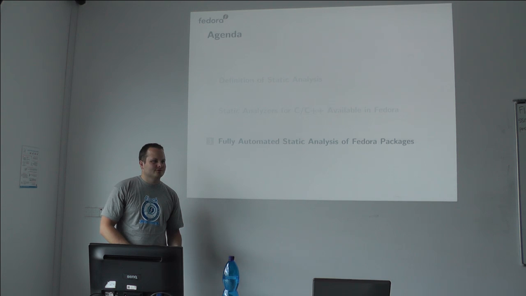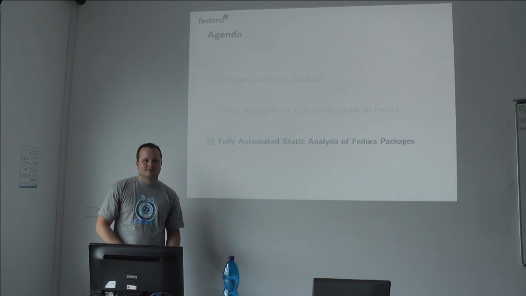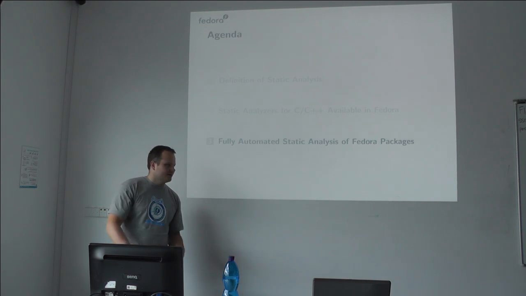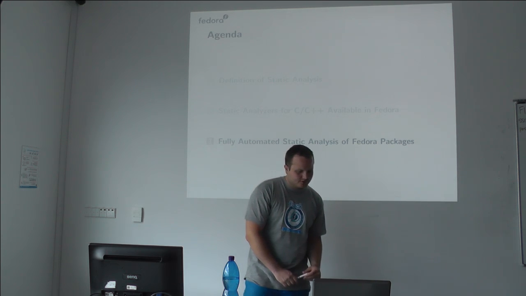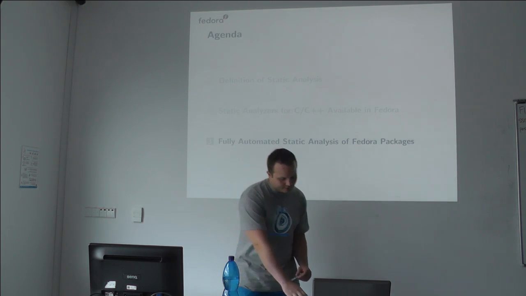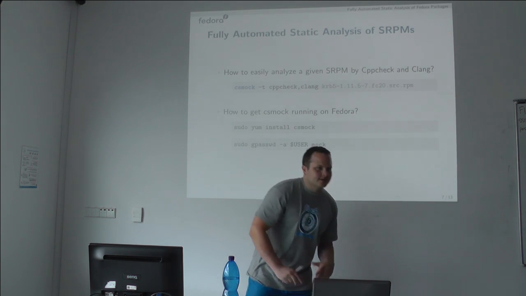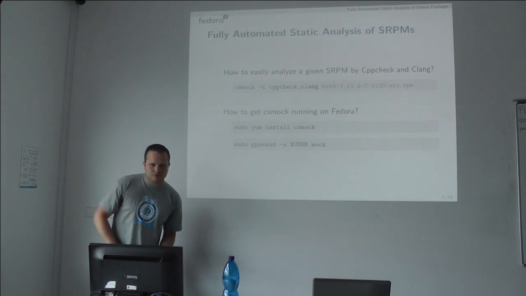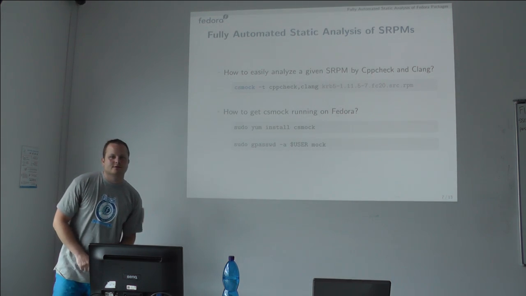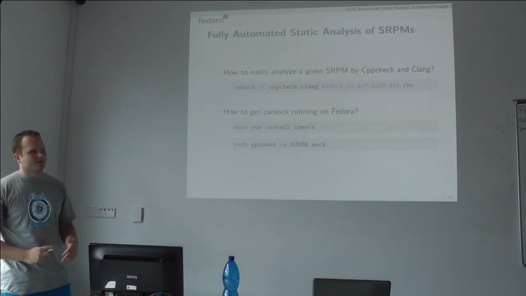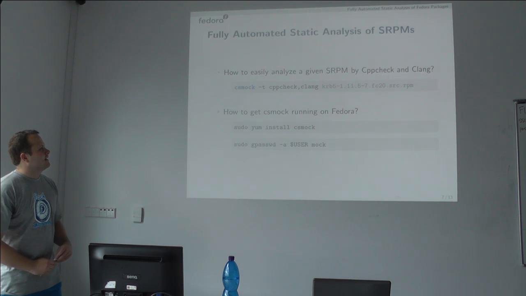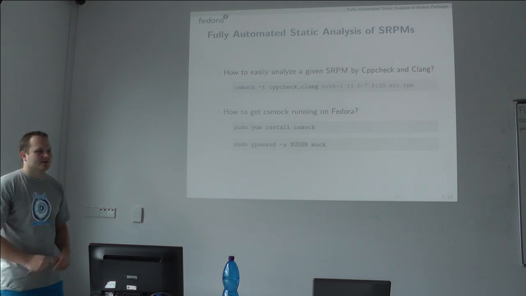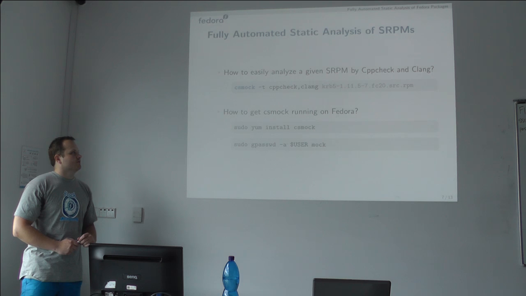Any more questions to static analyzers? If not, I will go ahead to the tool we developed for running static analyzers. The tool is named CSMOG, and it's also in Fedora, so you can try it right now if you want. As you can see, it's very easy to use.